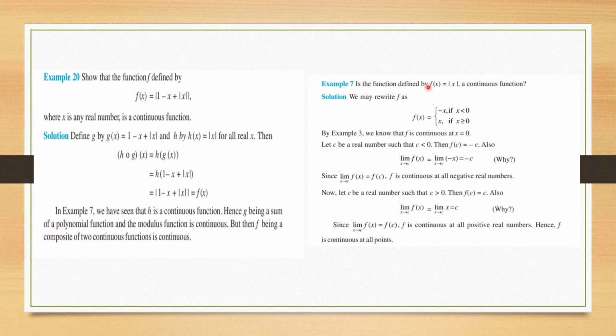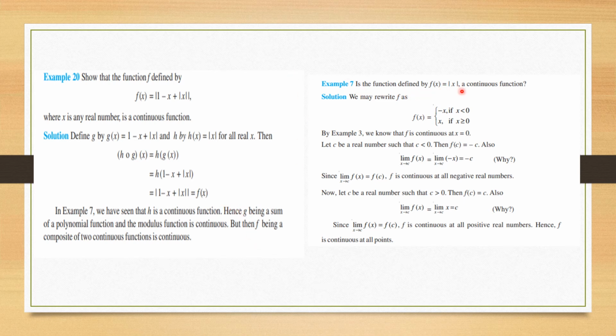In example 7 we are checking this only; this part is proved here, that is, mod x is continuous. While solving these examples, if such a question comes, there is no need to go for proving this. We should have the idea of how we prove the mod function is continuous. If you have the knowledge that mod is continuous, you can utilize it in such questions where a composition is required.